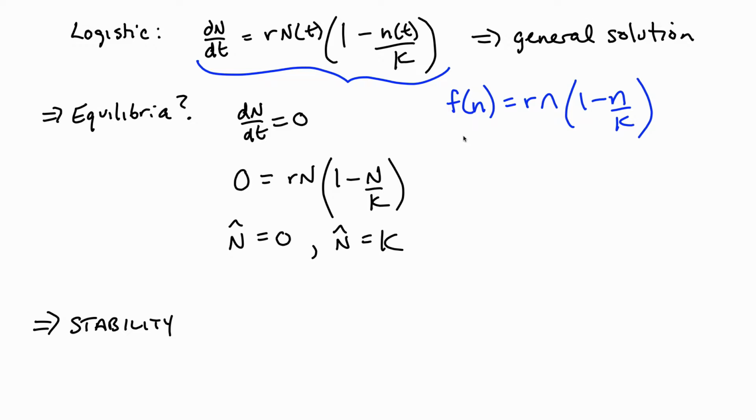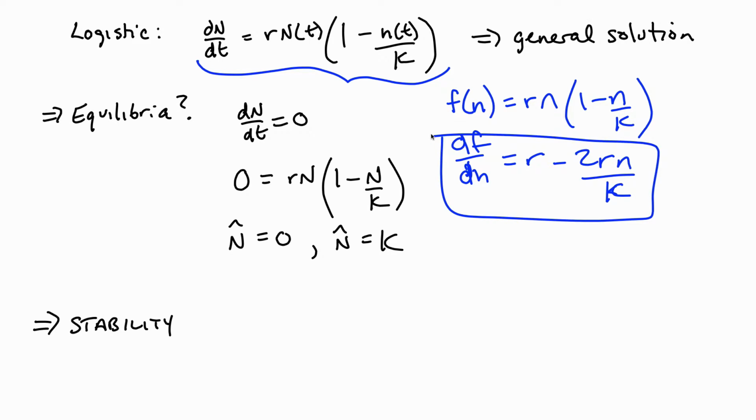So the derivative of this function, df by dn, is just r minus 2rn over k. And the stability of my system at equilibrium is dependent on the value of this expression at the equilibrium point.